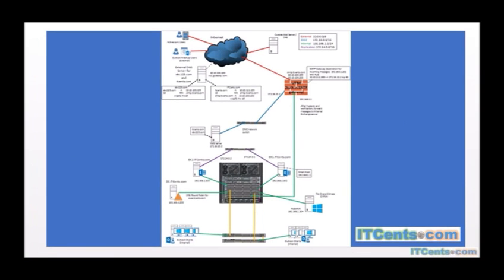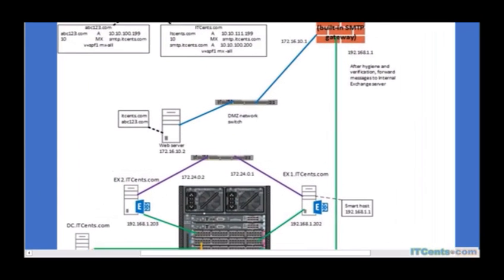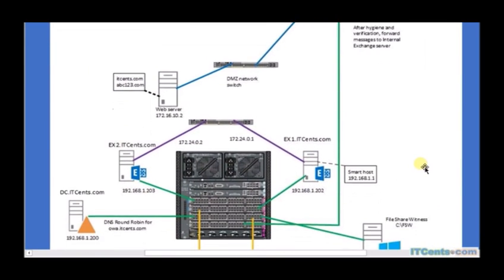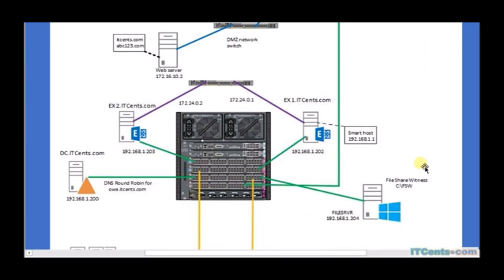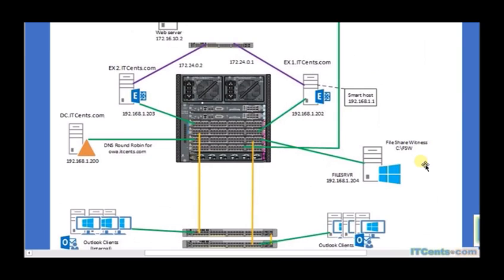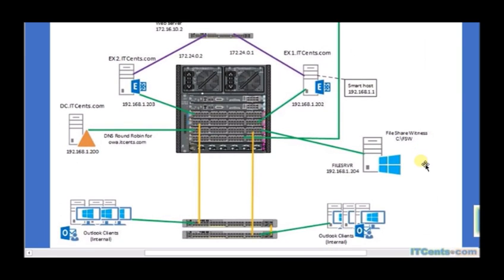And this is what we are doing here. We have just one single site, and I have just two nodes in my Exchange Server DAG, EX1 and EX2. This is the relevant part of the network, EX1 holding active copies, EX2 holding passive copies, and the file share witness.